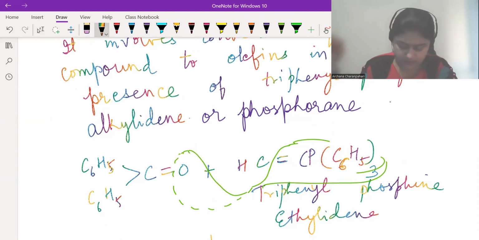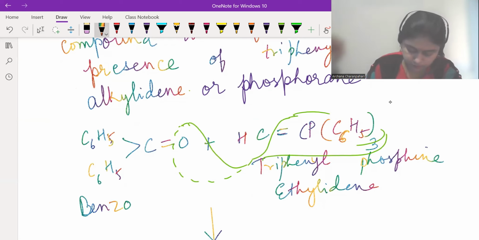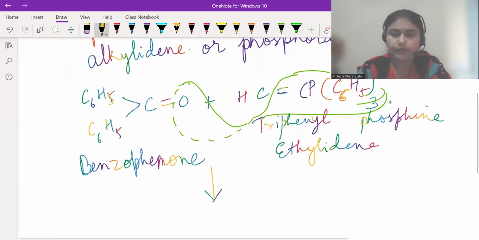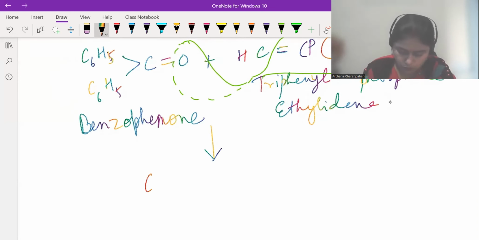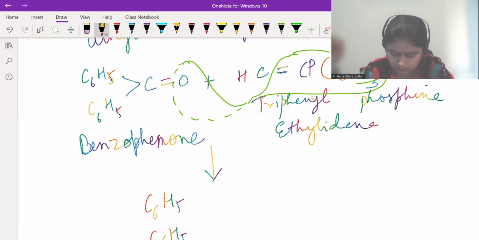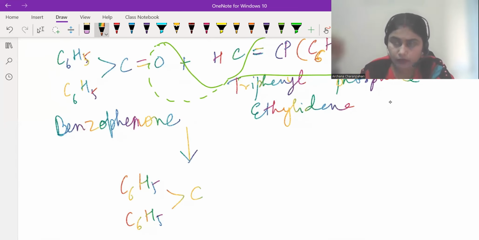We begin with C6H5, C6H5, C double bond O, which is nothing but benzophenone, and we treat it with triphenyl phosphine alkylidene to obtain C6H5, C6H5, C double bond CH2.